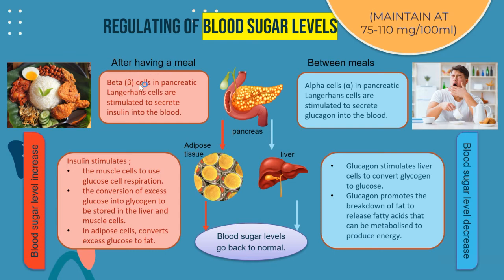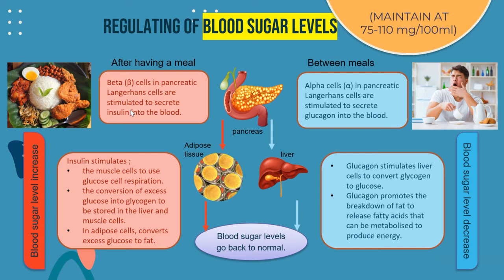So the beta cells in the pancreatic Langerhans cells are stimulated to secrete insulin. Insulin is a hormone. Do you still remember the function of insulin? Insulin will convert excess glucose into glycogen.